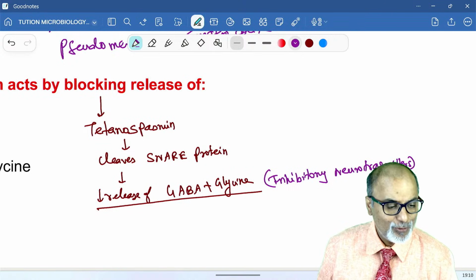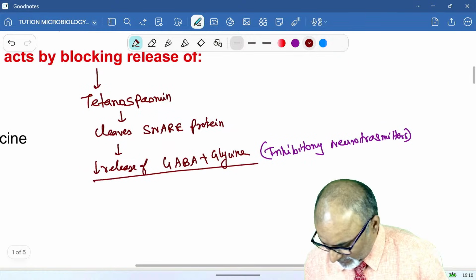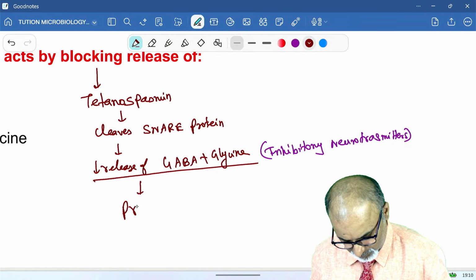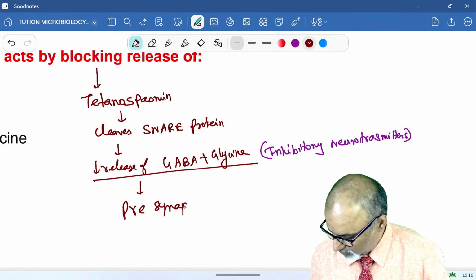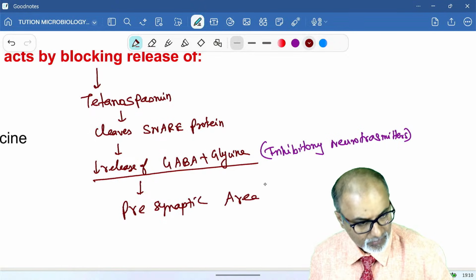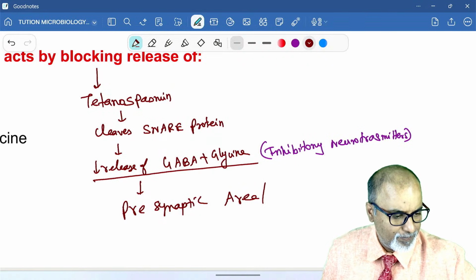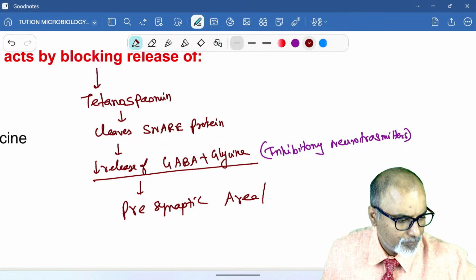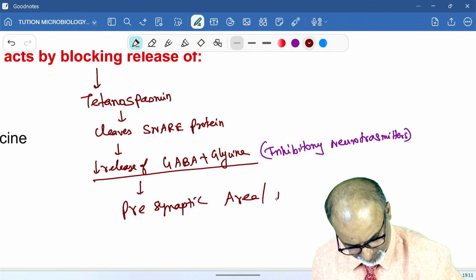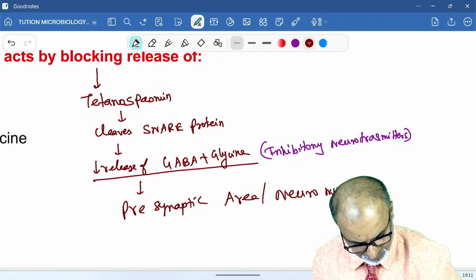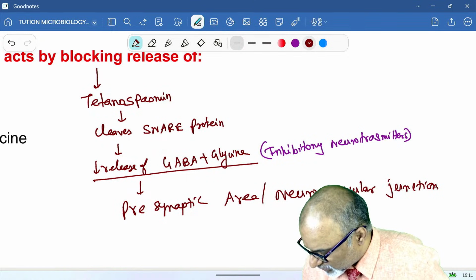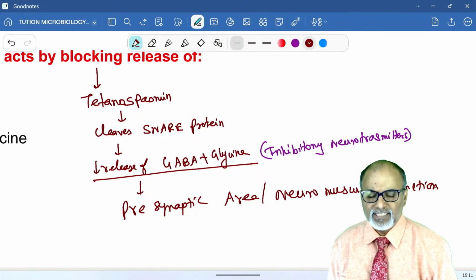At the presynaptic area of the neuromuscular junction, which leads to spastic paralysis.